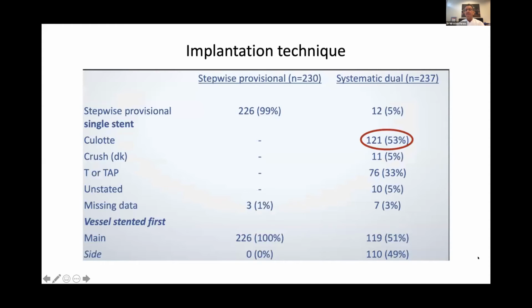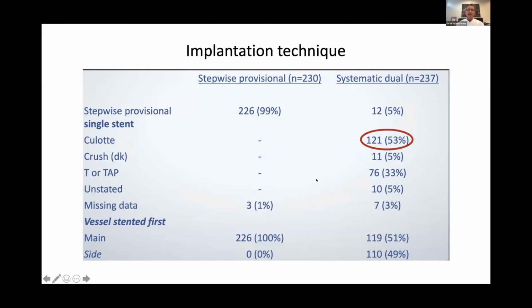And if we go to the double stenting group, we can see which technical approaches were used. In more than 50% of cases, culotte was used, and in more than 30%, TAP or T-stenting.